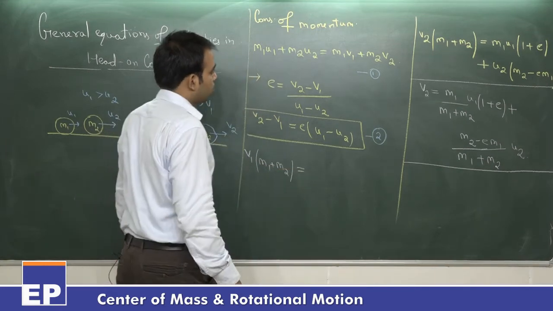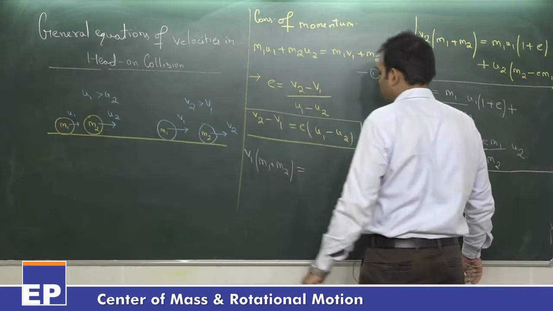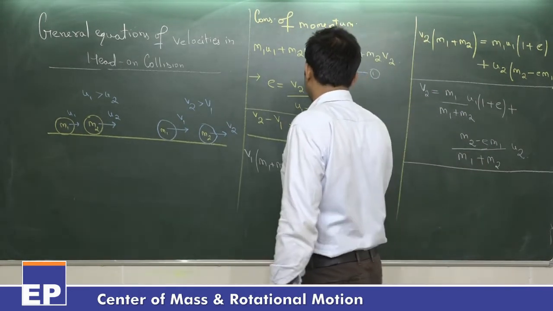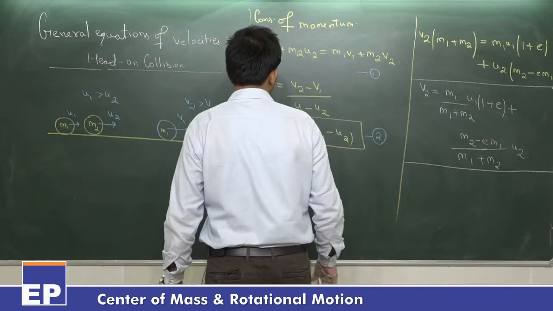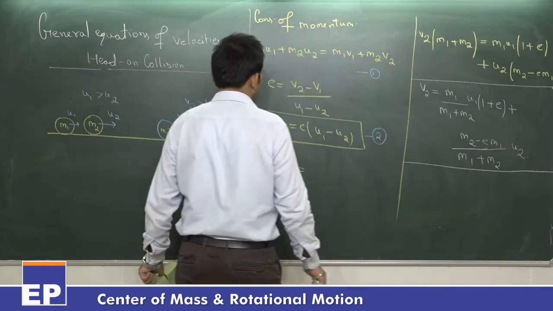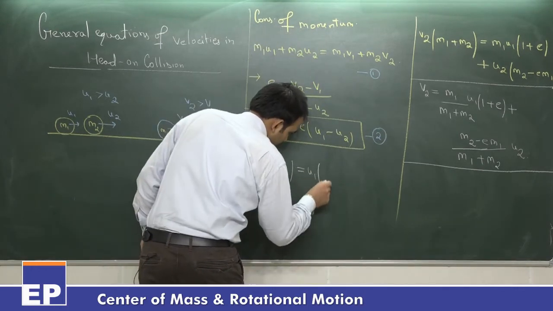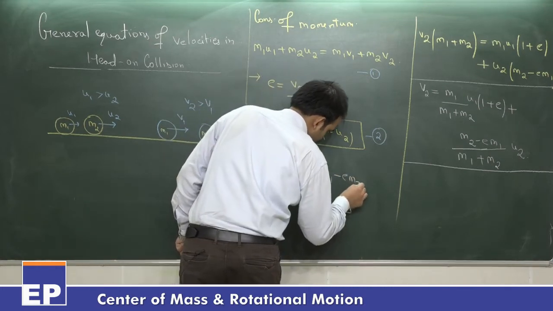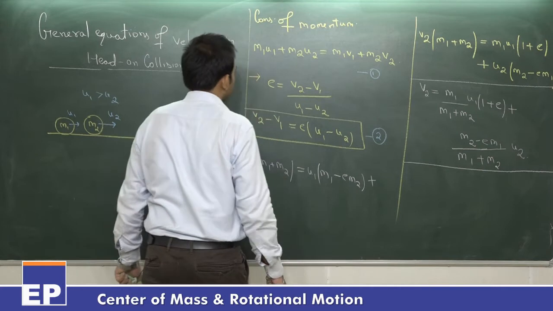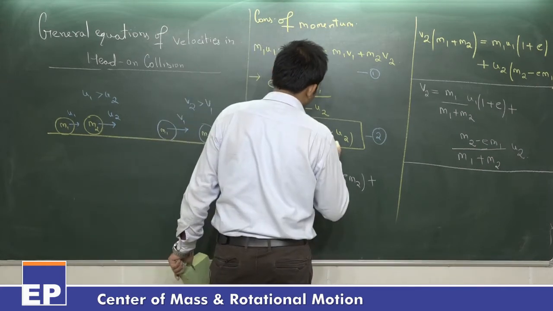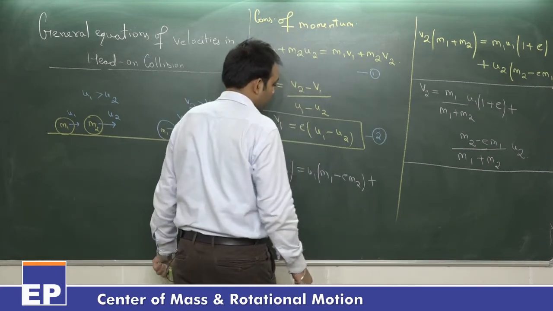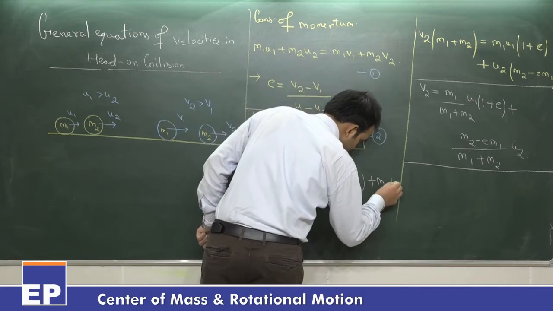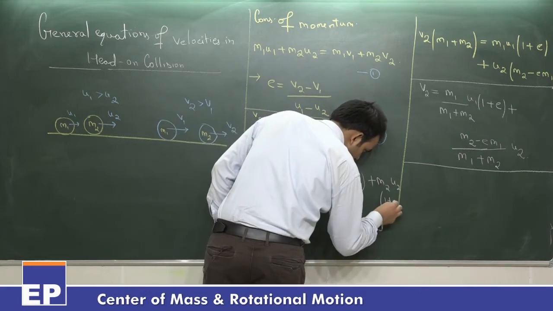और अगर आगे देखेंगे तो इसको हमने m2 से मल्टीप्लाई कर दिया तो u1 वाली टर्म क्या आ रही है, इसमें से इसको सब्ट्रैक्ट कर रहे हैं, तो दैट विल बिकम u1 इज m2, दैट इज m1 माइनस e m2 प्लस, जब इसमें से इसको सब्ट्रैक्ट करेंगे तो ऐड हो जाएगी, इट इज m2 u2 एंड दिस इज आल्सो m2 into u2 into e, तो m2 u2 कॉमन into 1 plus e.